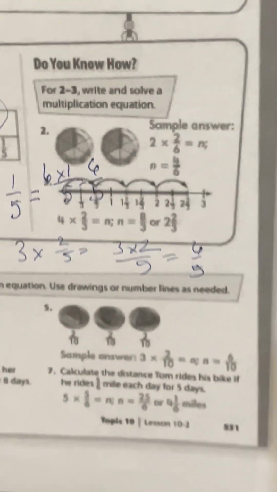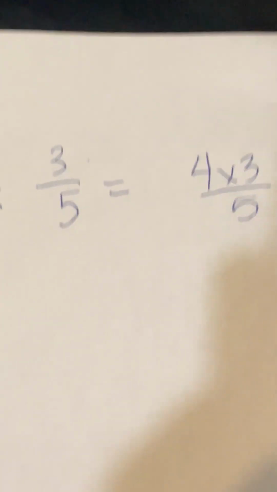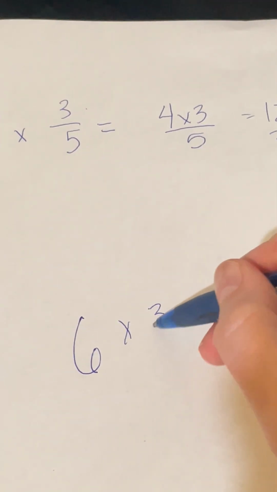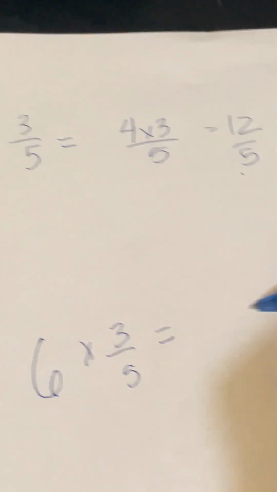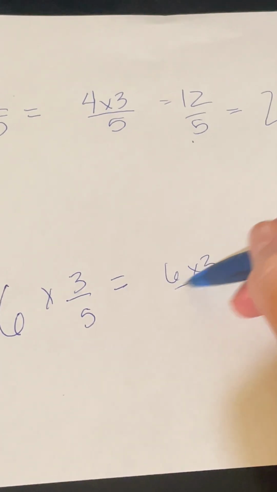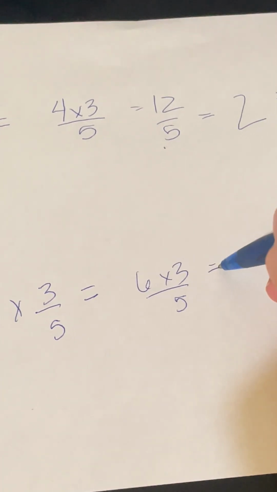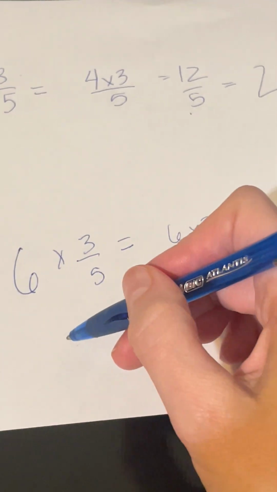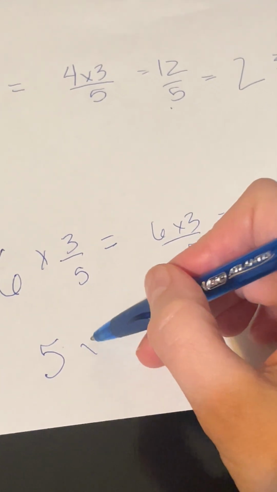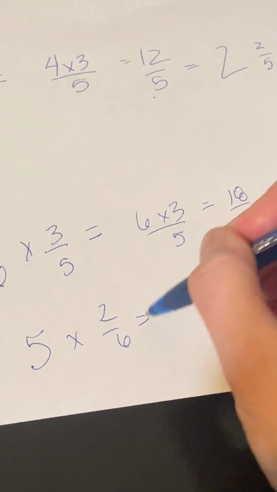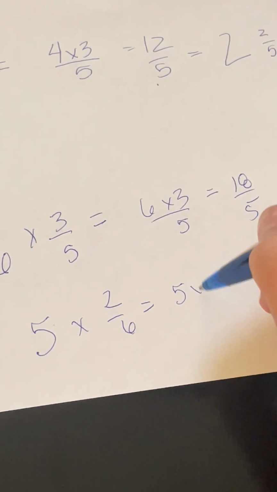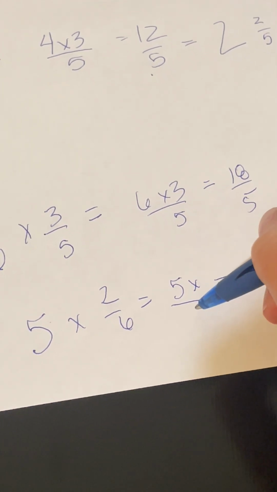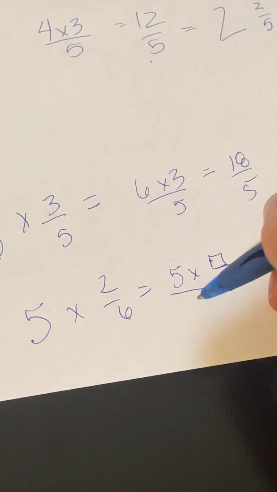Also, you have to know how to multiply a fraction by a whole number. So another example, 6 times 3/5. How would we do that? 6 times 3/5, which would be 18/5. Okay, now you do this one. 5 times 2/6. What goes here? What goes here?